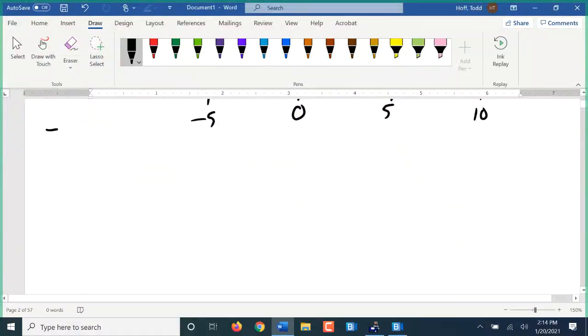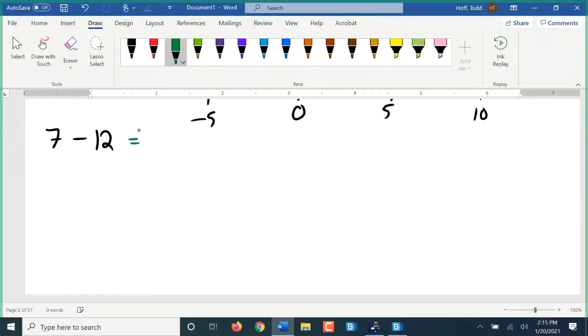If I have something like 7 minus 12, that one maybe. Many people can look at that and see that 7 minus 12 is just what? Negative 5. But you might want to look at it and say, well, that subtraction operates on the 12. 7 doesn't change. That becomes plus the opposite of 12, or plus a negative 12.